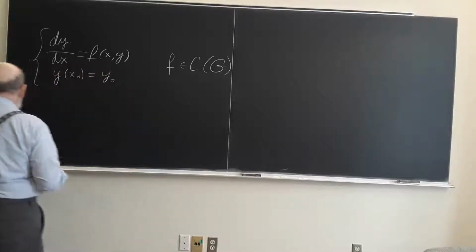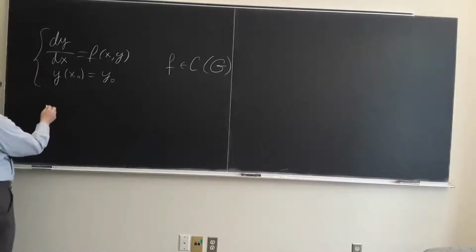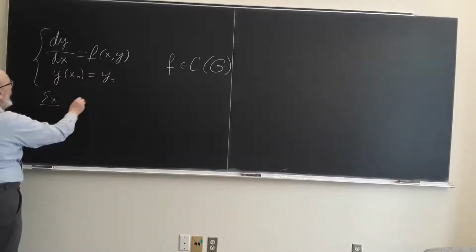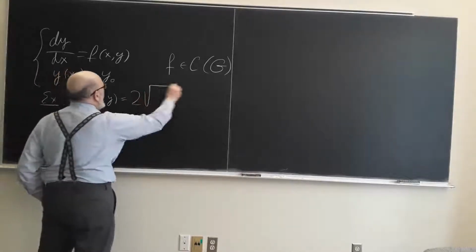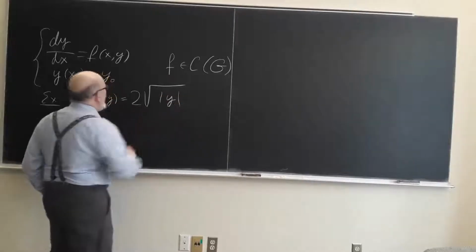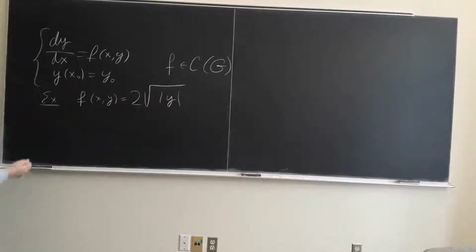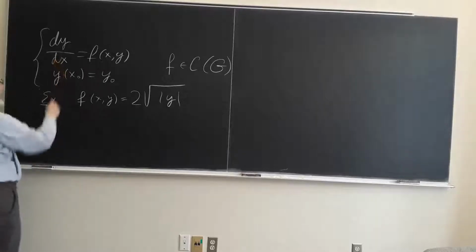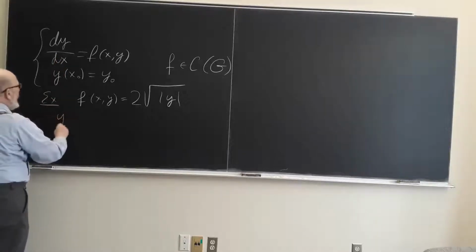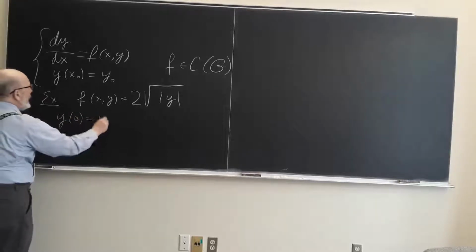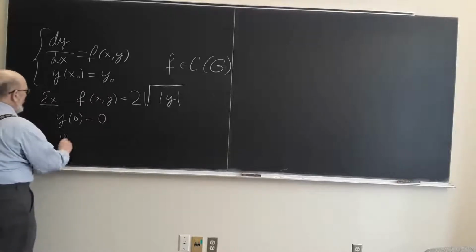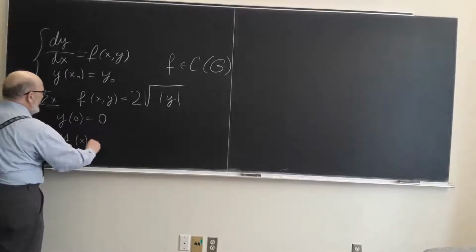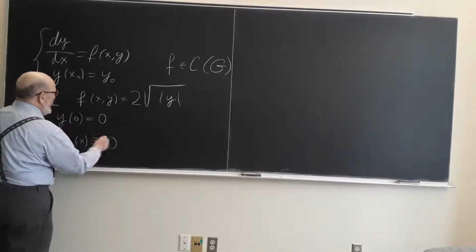The most popular example is f(x, y) = 2 square root of modulus y. If you solve this equation and take y(0) = 0, there is one obvious solution, y1(x) = 0.